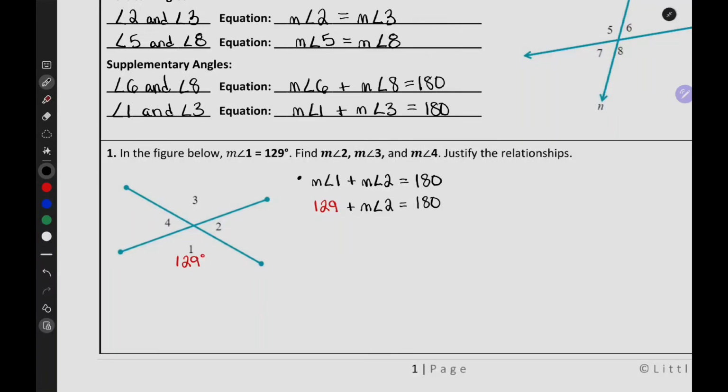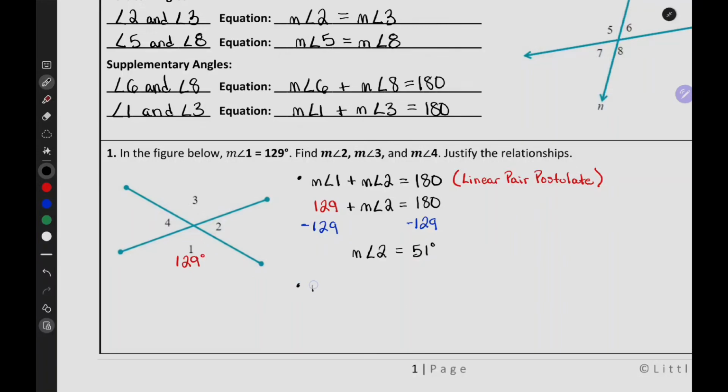Then we can subtract 129 from both sides of the equation and conclude that the measurement of angle 2 is 51 degrees. That was our linear pair postulate, which allowed us to state that these two angles are supplementary. Now from there, we can easily find the other two angle measures.